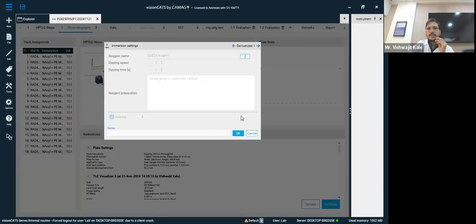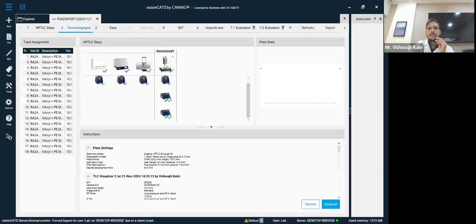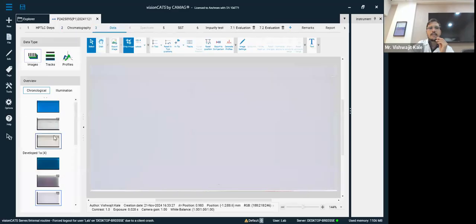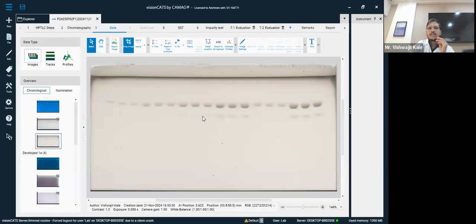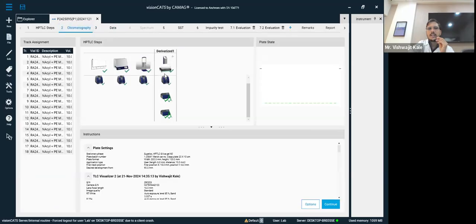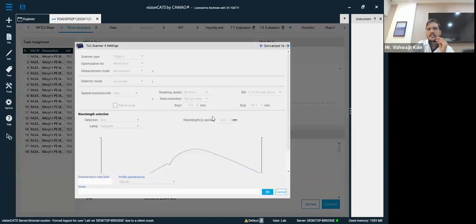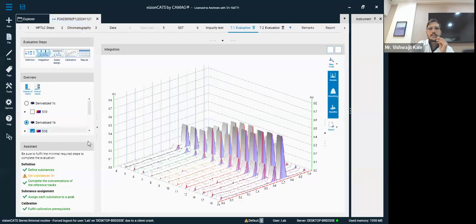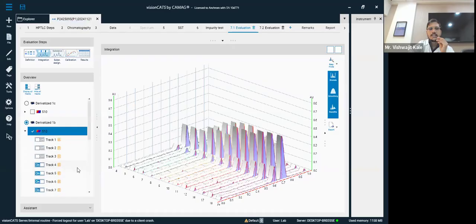We have dipped the plate into copper sulfate reagent, and after dipping and heating the plate at 170 degrees Celsius for 10 minutes, the phospholipid bands appeared on the plate, and these are the phospholipid impurities, ethanolamine and N-acyl ethanolamine. After development of this plate, we have scanned the plate by using the CAMAG densitometer scanner with a tungsten lamp at 510 nanometers, and after scanning the plate you can see the generated chromatograms of N-acyl ethanolamine.